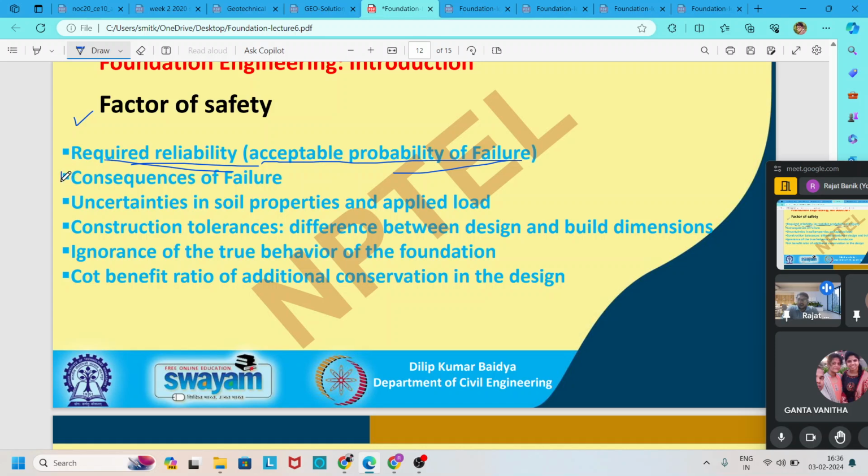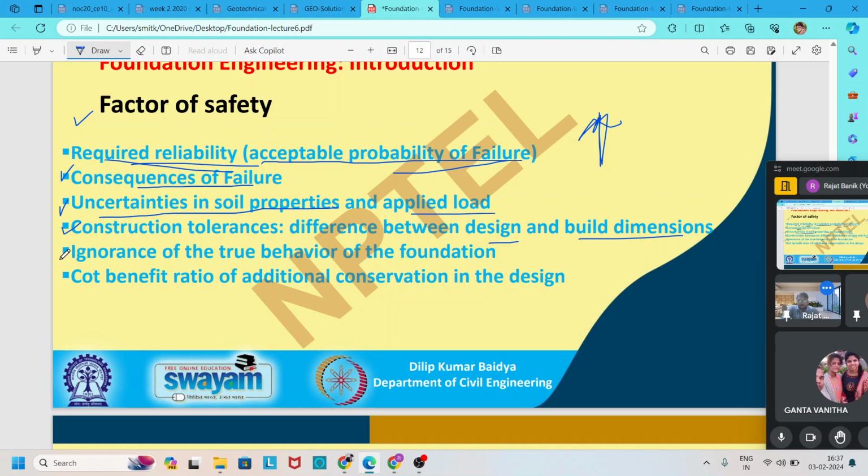Then we also address by this factor of safety the consequence of the failure. If we use a higher factor of safety, the structure may be safe, our design may be safe. Then we also address the uncertainties in the soil properties and applied load by increasing the factor of safety. Then we also address the construction tolerance, like the difference between the design and building dimensions.